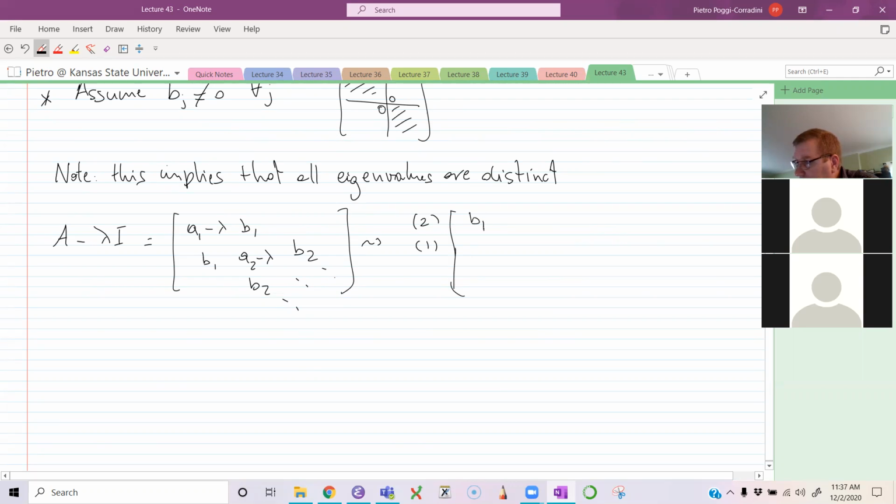So then it would go b1, a2, and then b2.